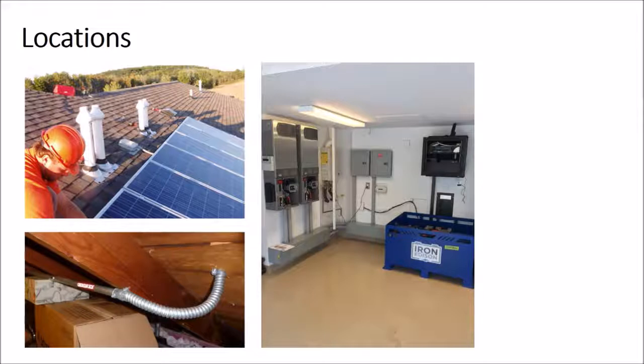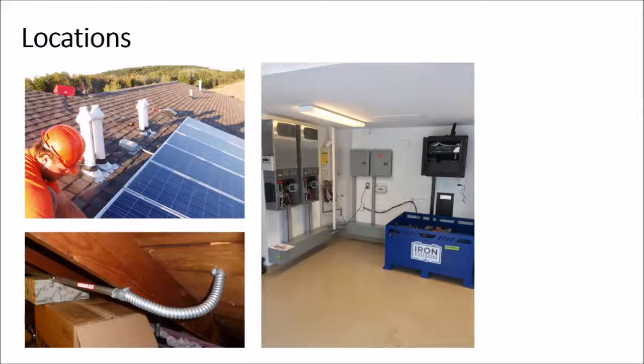Inside your conduit, inside the attic, where you see this conduit going up to the rooftop. Well, that conduit is not just in the attic, it's going up to the rooftop. And we'll see code requirements that say at that point, you need to put foam sealant into that conduit.